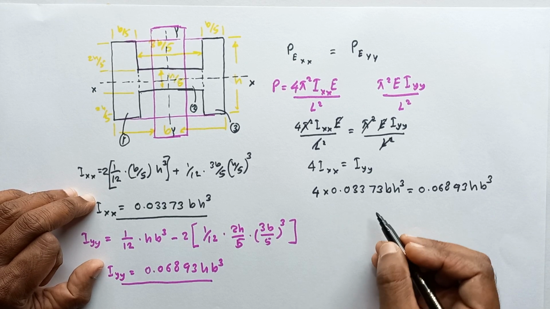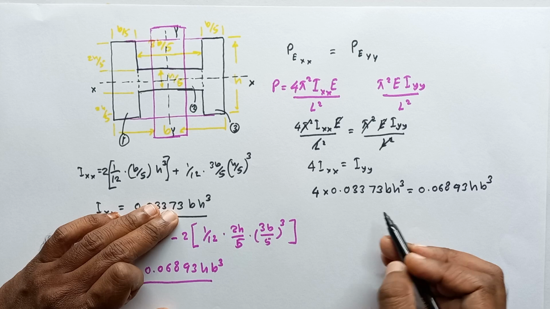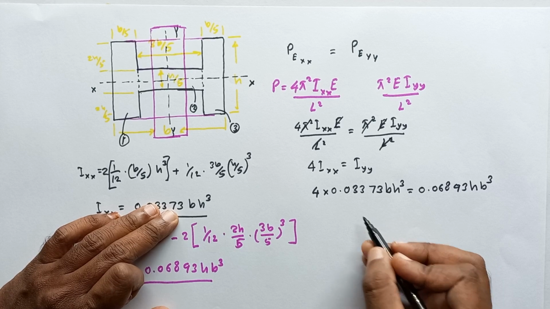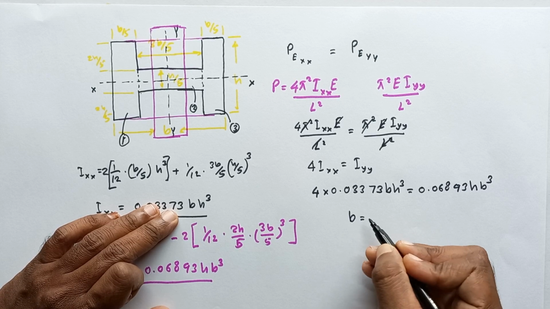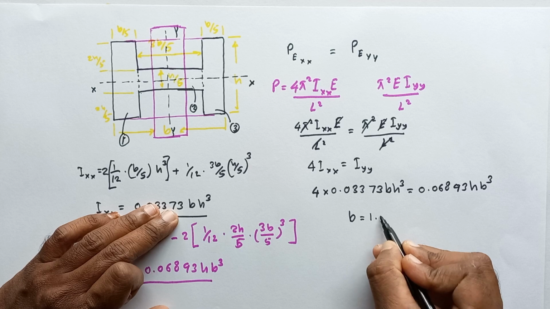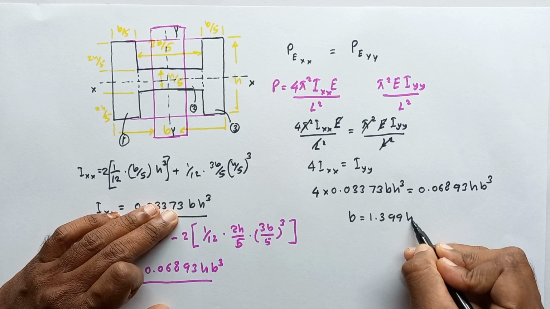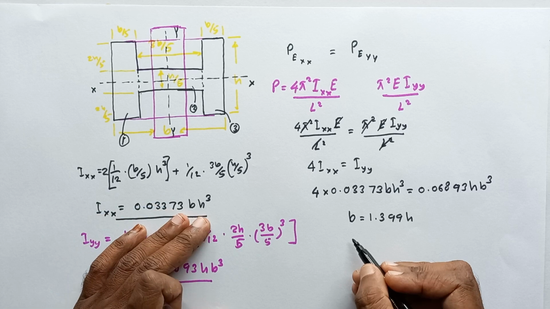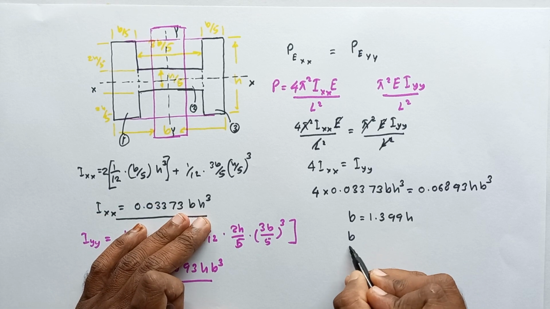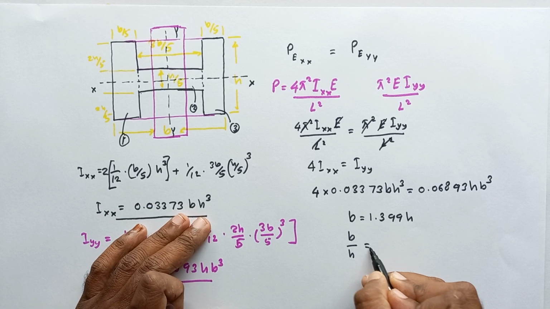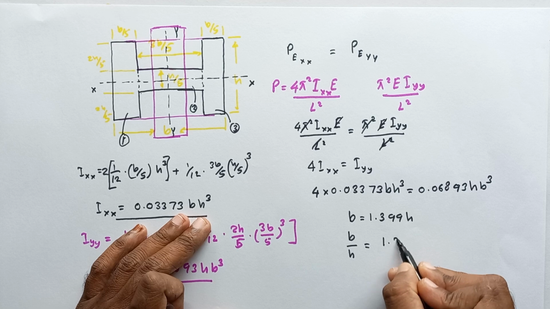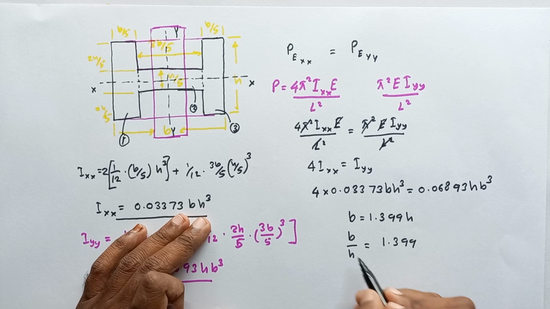So by simplifying this equation, we are able to calculate B equal to 1.399 H. So that means the B divided by H ratio is equal to 1.399.